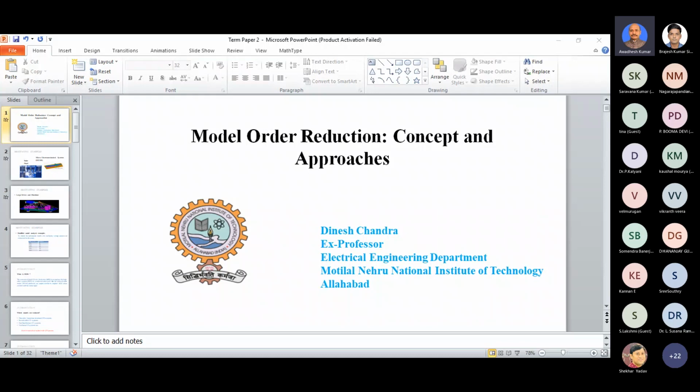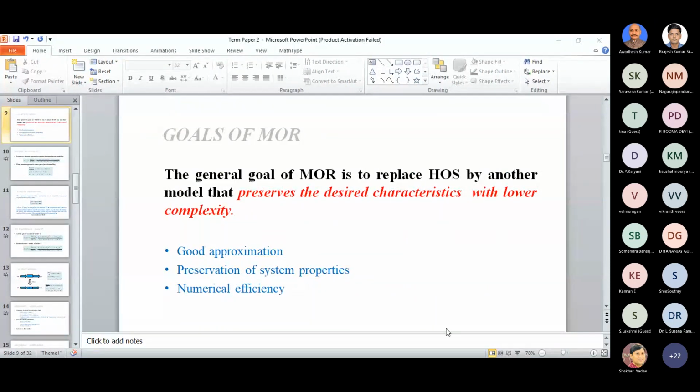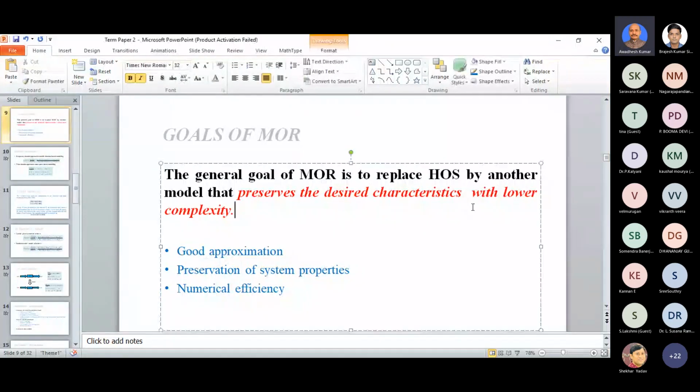Hello? Excuse me, sir, it's still slide number 1 that is visible. Have you moved the slide? No, I have moved to slide 7. Let me check it. Yes, it is moving now.